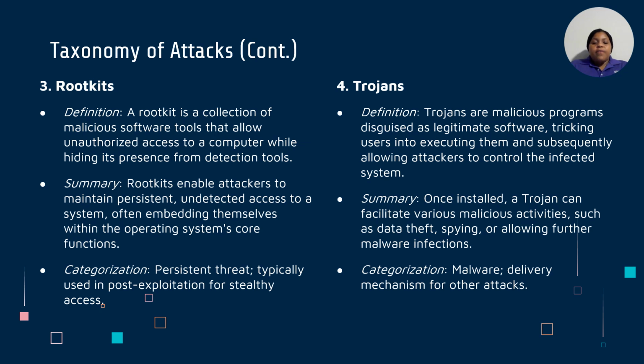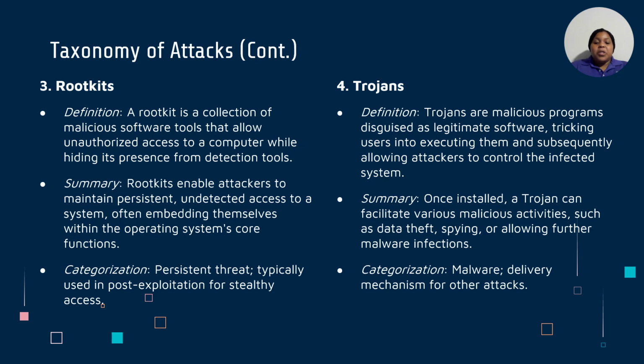Then we have our rootkits. A rootkit is a collection of malicious software tools that allow unauthorized access to a computer while hiding its presence from detection tools. For example, after a hacker gains root access into a machine, they might use a rootkit to complete the rest of their mission on our system by going undetected.